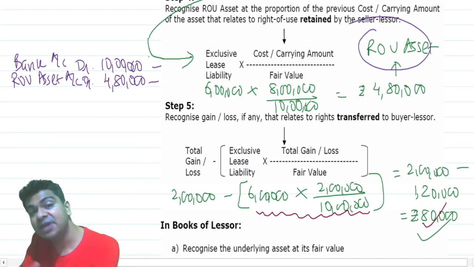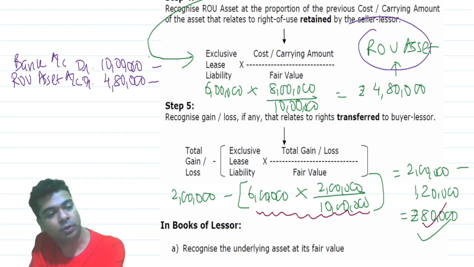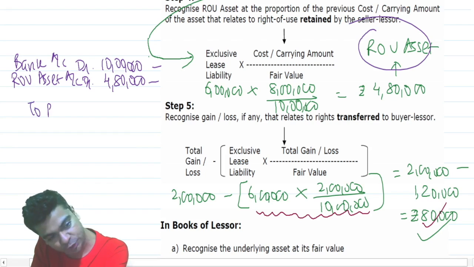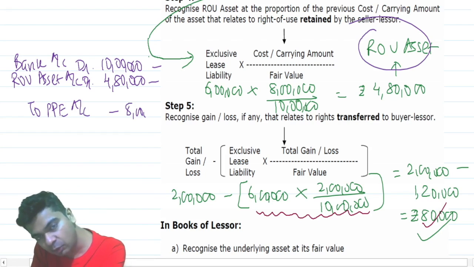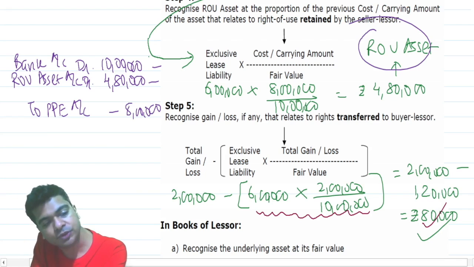We are selling the asset. So whatever asset we are selling, it should be derecognized. The asset will be derecognized at its carrying amount. So I will say to PPE, in our example, the carrying amount is 8 lakhs. There is going to be a lease liability now in our books. Let's call it financial liability.